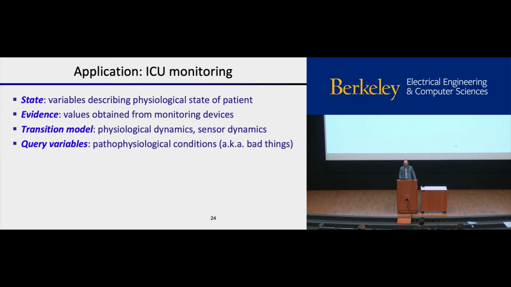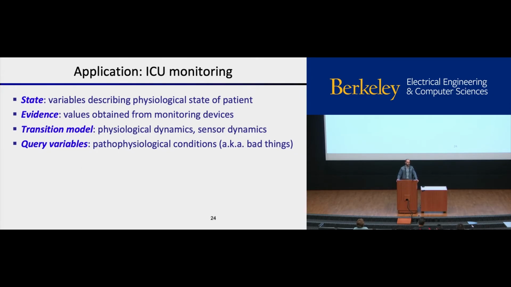So here's what all of these things are in this setting. The state are the variables describing the physiological state of the patient. The evidence are the values obtained from the monitoring devices.